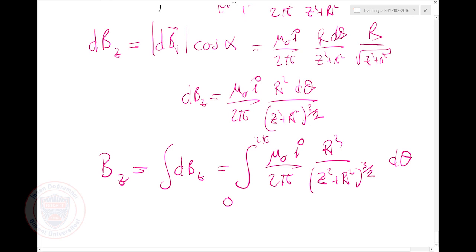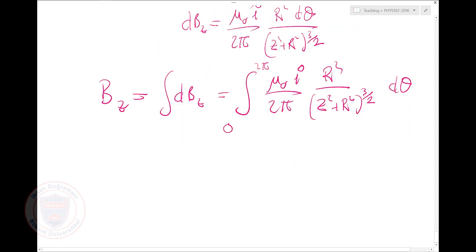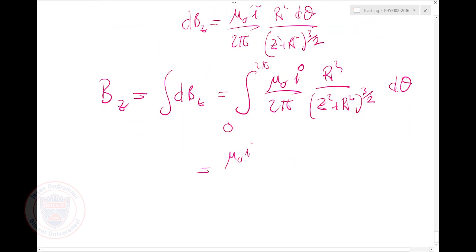So actually, this is the easiest integral in the world. 2 pi R square over Z square plus R square to 3 halves. And my handwriting is getting worse, so I'm trying to at least make these twos nice.